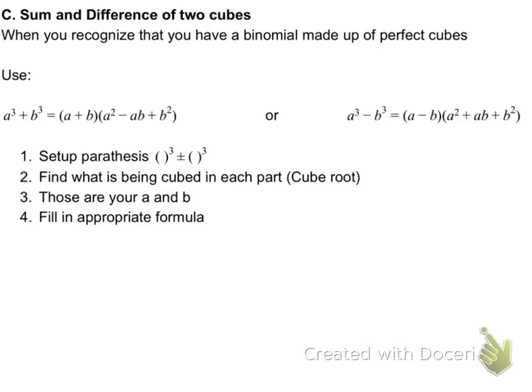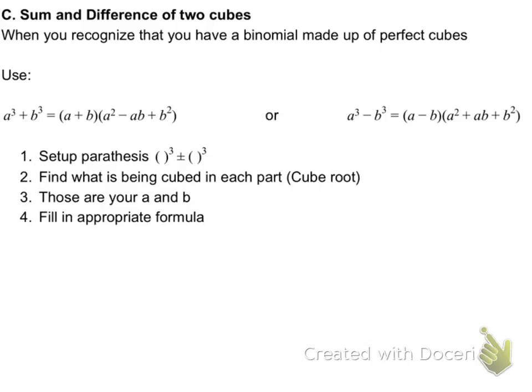A cubed plus b cubed is equal to, you can factor it, a plus b times the quantity a squared minus ab plus b squared. Or if it's a cubed minus b cubed, it's a minus b times the quantity of a squared plus ab plus b squared. It's the exact same layout, but you change 2 signs.